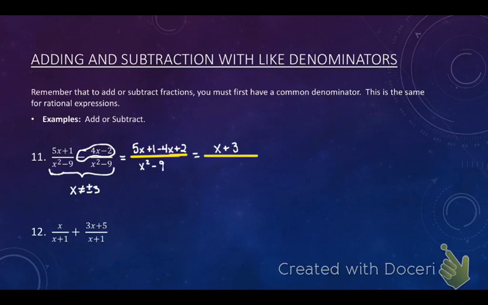Now, the reason why you probably want to factor this part right here with x plus 3 and x minus 3 is because what's going to happen with the top and the bottom? Is there anything that's going to cancel? Yeah, the x plus 3 and the x plus 3. So, what am I left with?